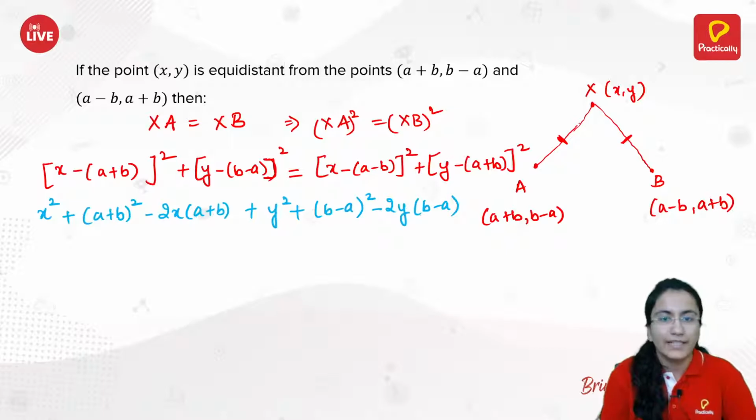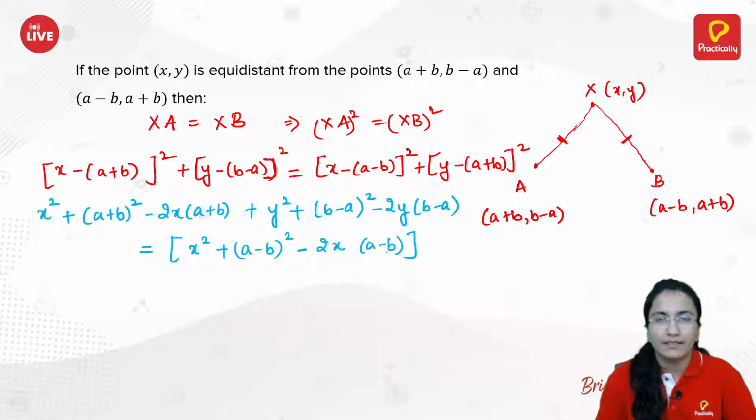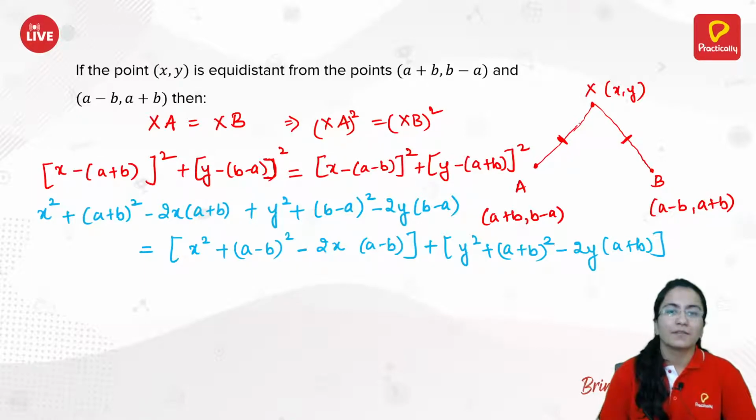This is the complete LHS. The RHS is x square plus (a minus b) whole square minus 2x(a minus b), plus y square plus (a plus b) whole square minus 2y(a plus b). You have this complete.